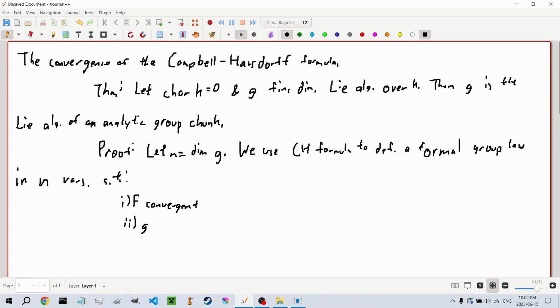Secondly, G is isomorphic to the Lie algebra K to the n under the bracket defined by this group law.